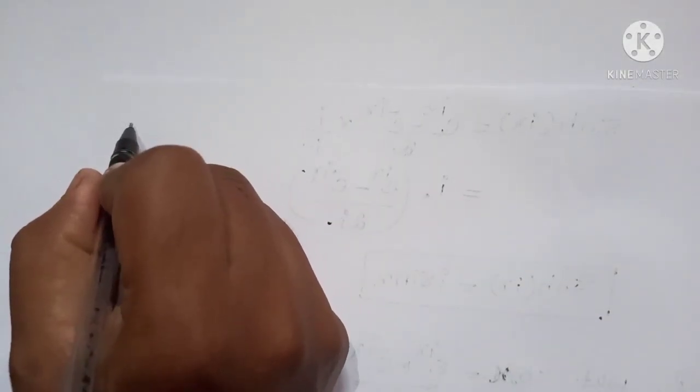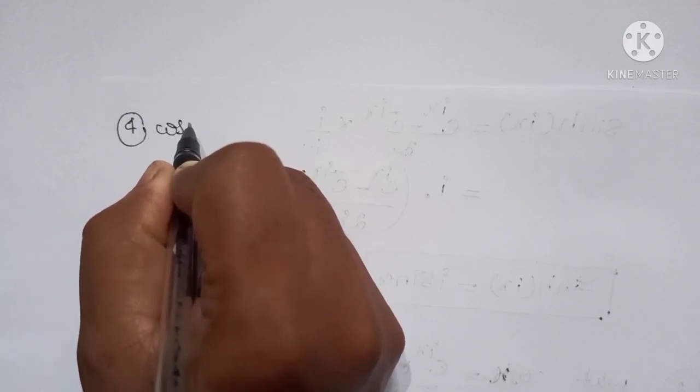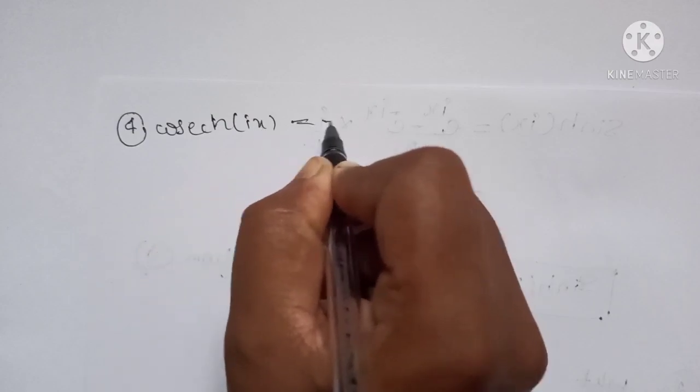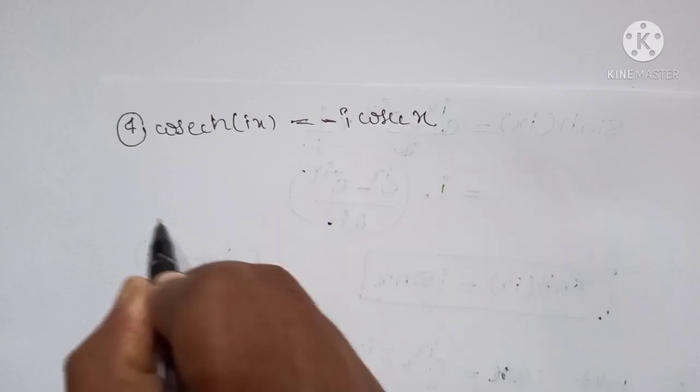Similarly, we can prove the other 3 relations. The fourth one: cosech ix is equal to minus i cosec x.